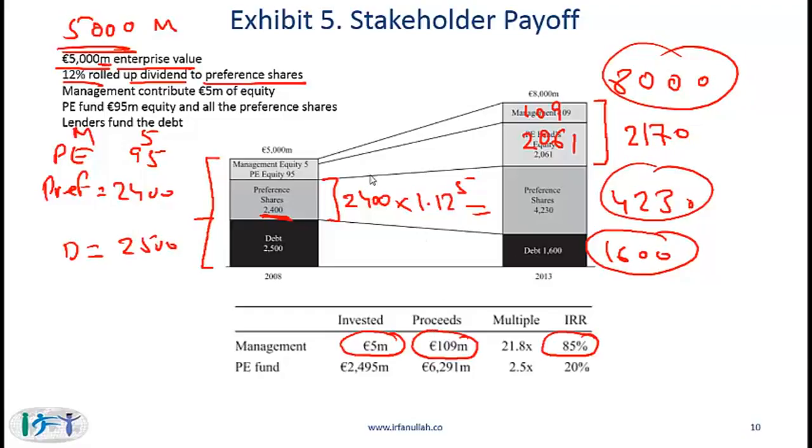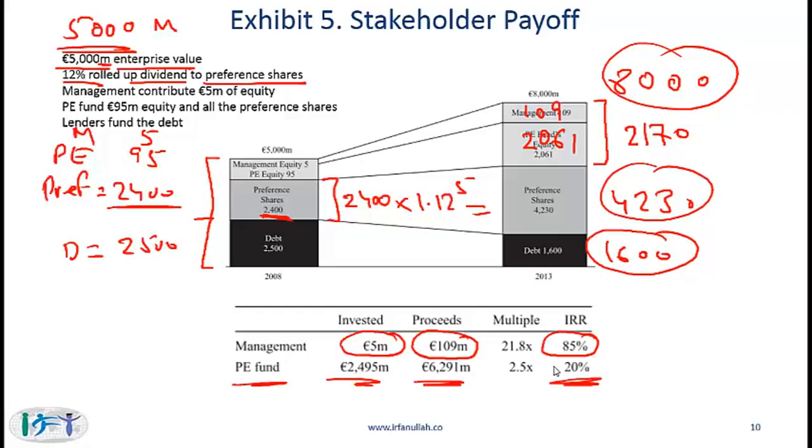They had their entire return in the form of common shares, and the value of those common shares went from 5 to 109. The private equity fund invested 2495, so that's the 2400 preference shares and 95 common equity, so the total amount was 2495, and their total return was 20%, IRR of 20%.